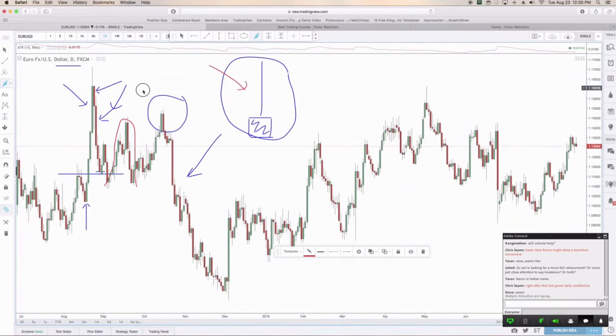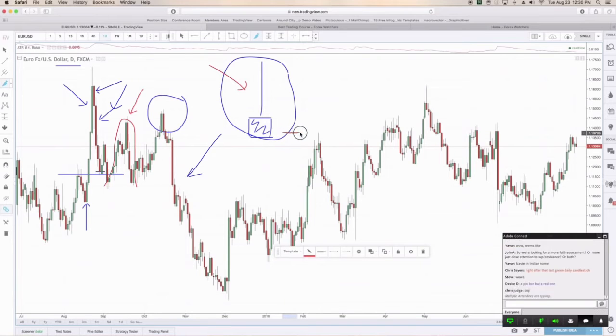Now the second one, when he came up and down like that, the candle just next to it will look like this. Here's the open and the close. Open and close is almost the same price. Not a doji, but you have a candle that looks just like that, just next to this dying one.